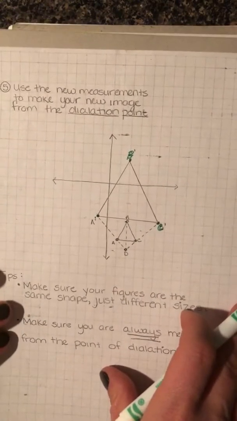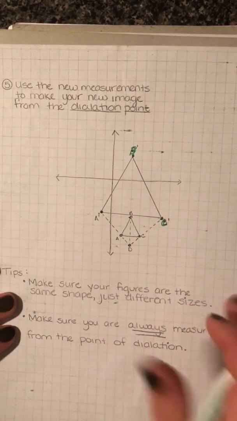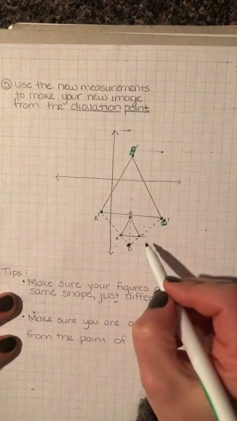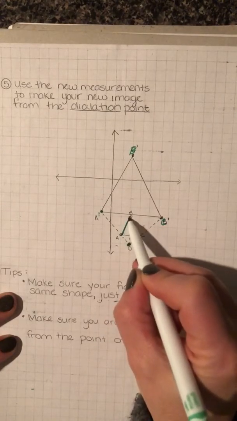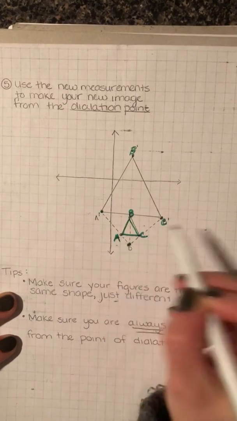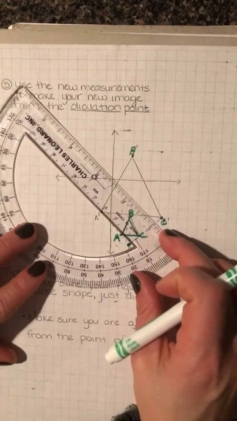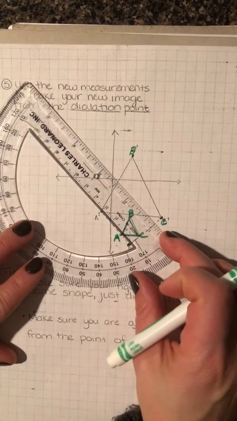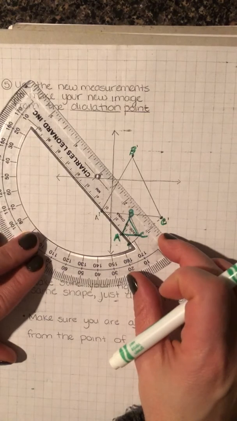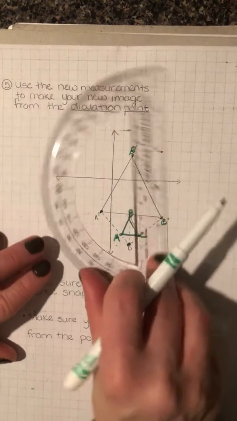So when we get here, it says use the new measurements to make your new image from the dilation point. So again, D is our dilation point. D is not a point on the figure. The original figure is triangle ABC. We knew that this needed to be 3 centimeters, so we measured from the point of dilation D through A, and then we put a point right at 3 centimeters.